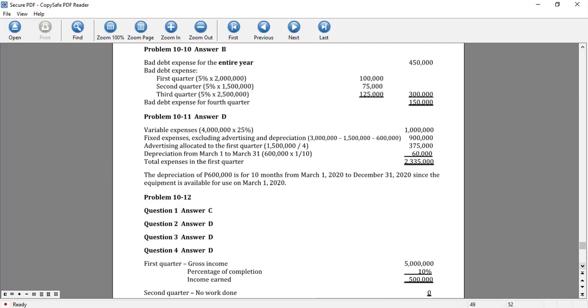And by the way, the fixed expenses of 3 million, that's the difference between the total of 4 million and 1 million is variable. So we have 4 million minus 1 million, which is variable. That's why we have the fixed expenses of 3 million.